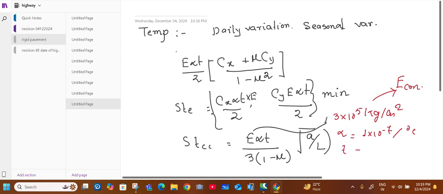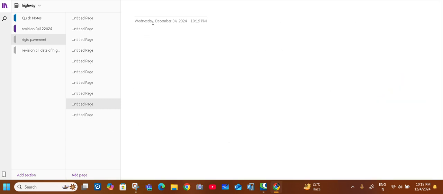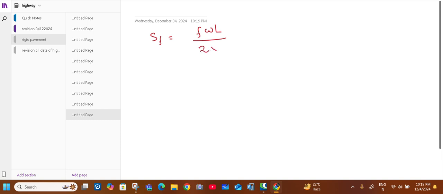T is delta T, the temperature difference. The frictional resistance formula is F is equal to f W L divided by 2 into 10 to the power 4.